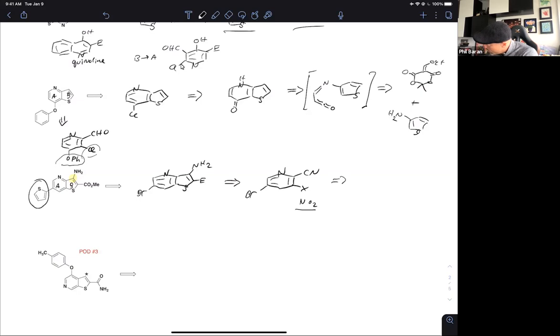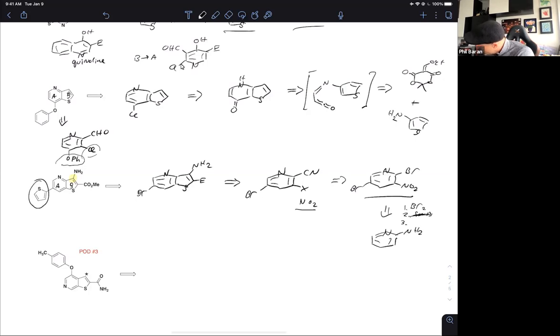And this comes back from that, which is cheap and easily available, by way of first bromination and then Sandmeyer, and then nitration and then Sandmeyer will get us to this compound.